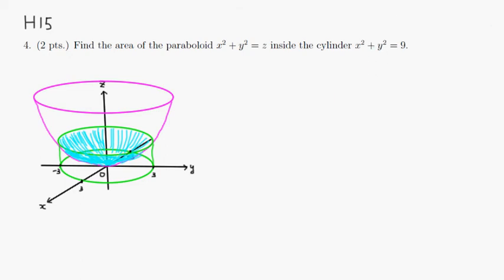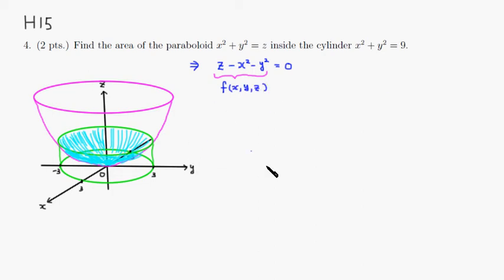Remember that we need to have the f function. I'm going to rewrite the equation for the paraboloid by putting all the terms on one side: z minus x squared minus y squared equals 0. I'm going to call this function f of x, y, z.